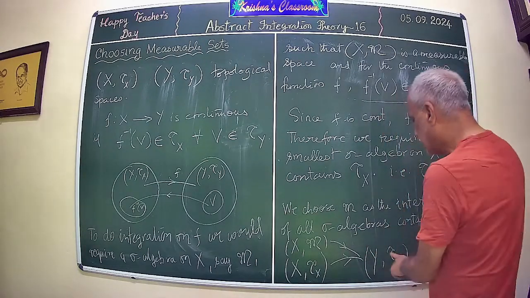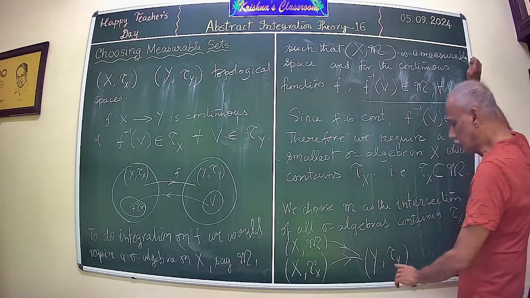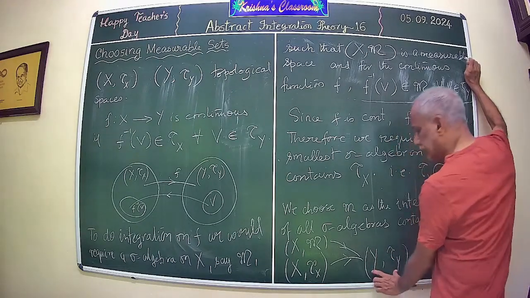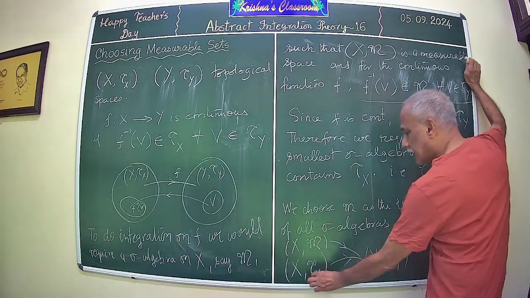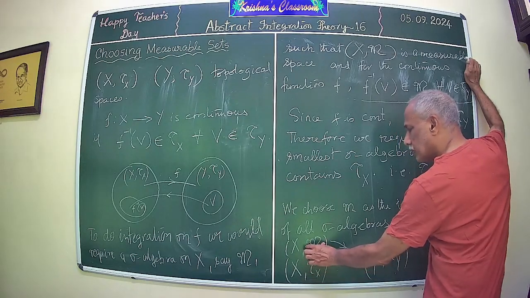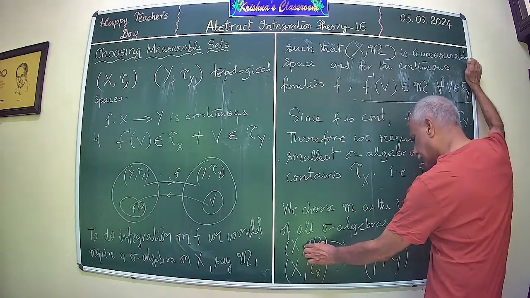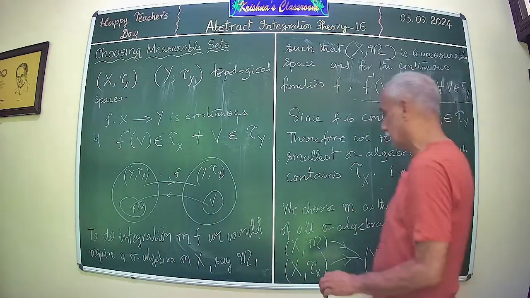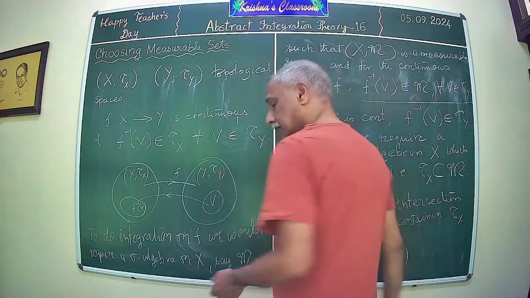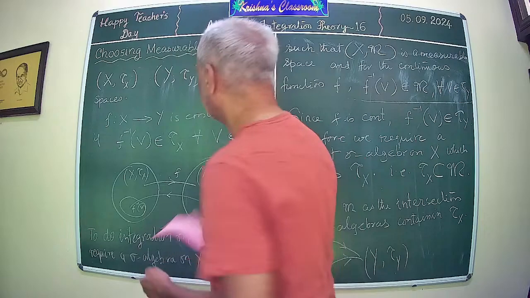Now you clearly see that when you take an open set here and pull it back, it is going to be in tau X, but every element of tau X is an element of M, therefore it is in M. Therefore, all continuous functions from X to Y are measurable.